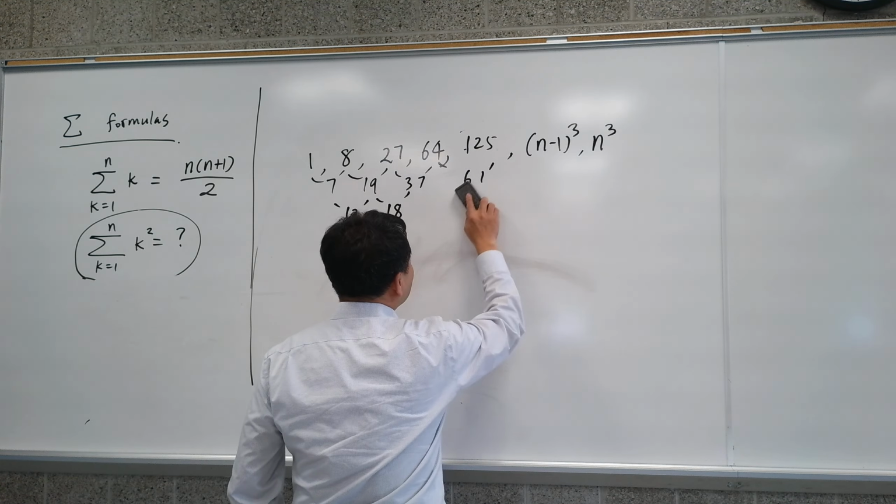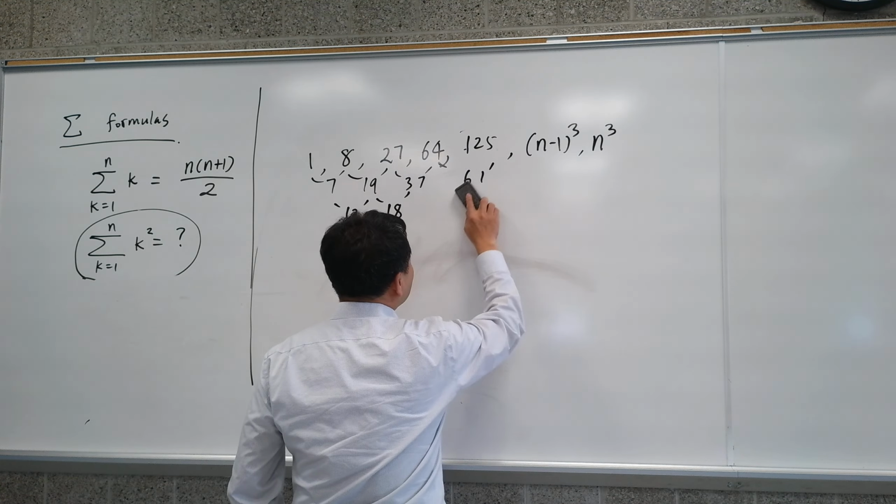We're not going to do this. I just want to calculate this. So let's try this. But to calculate that, I first need to know what n minus 1 cubed is. N minus 1 cubed means you have n minus 1 times n minus 1 times n minus 1, which is n times n is n squared, n times negative 1 is minus n, plus 1, n minus 1.